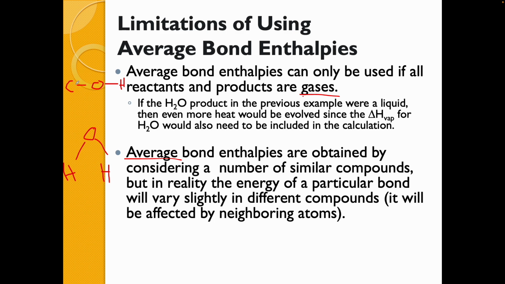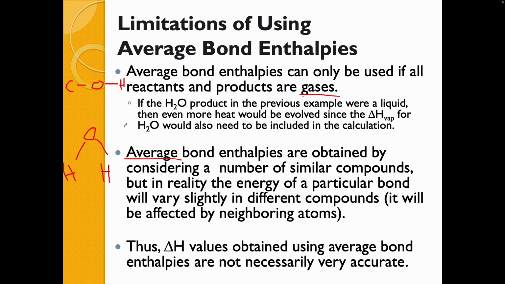Just because of the electron structure of the neighboring atoms around it, it's going to affect how strong that bond is because of the electron pull and the electronegativity and all that stuff. So this OH bond is different than this OH bond. But averaged together, you get the number that's on the table. So, all right. So they're not necessarily hyper accurate, but they do give you a pretty good idea. Other than that, that's pretty much it.